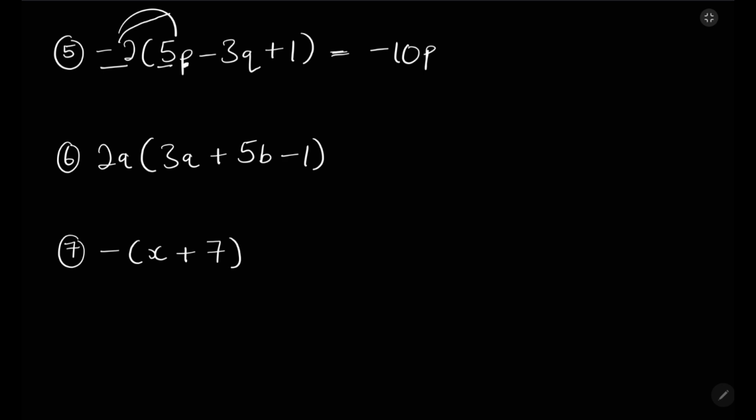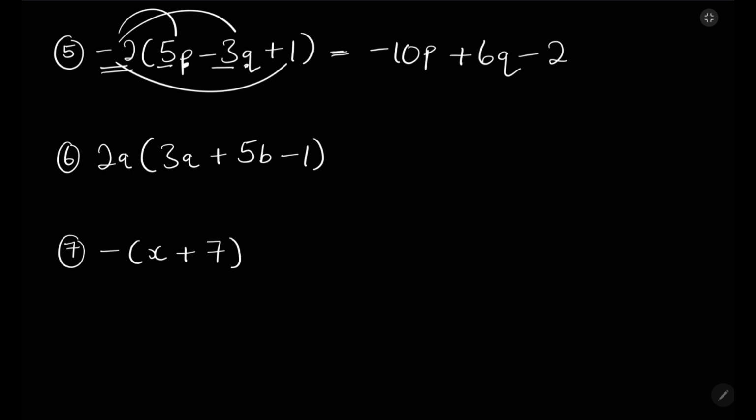Now let's say negative 2 times negative 3q. Negative 2 times negative 3 is positive 6. Our variable is q. Now negative 2 times 1, our answer will be negative 2. And that is how we distribute.